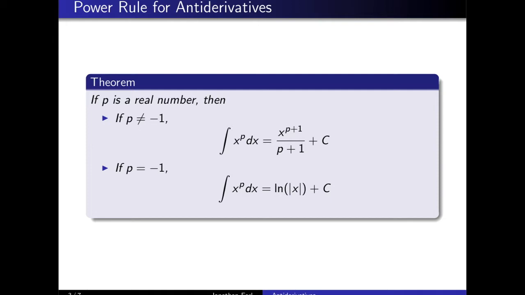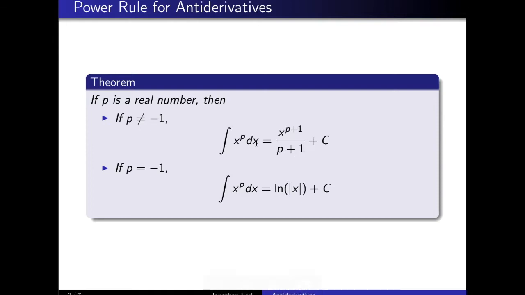Right, so the important notation. This kind of elongated s symbol is saying you're finding an antiderivative. Then you have what is referred to as the integrand. So it's the thing you're trying to find the antiderivative of, in this case x to the p. And then this dx is just saying what variable you're finding this with respect to.